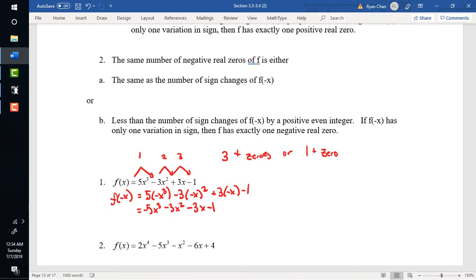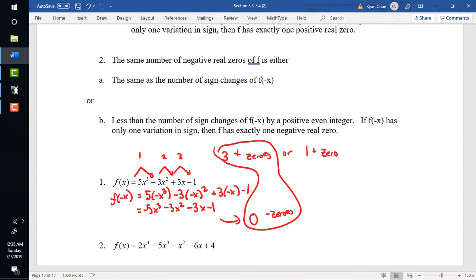It's always negative from term to term. So that means I have 0 negative real zeros. And then by default, that means I'll have 3 positive real zeros.